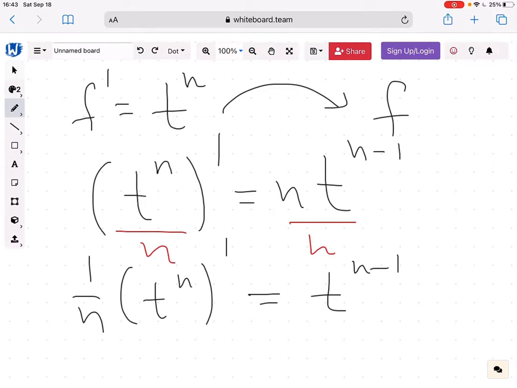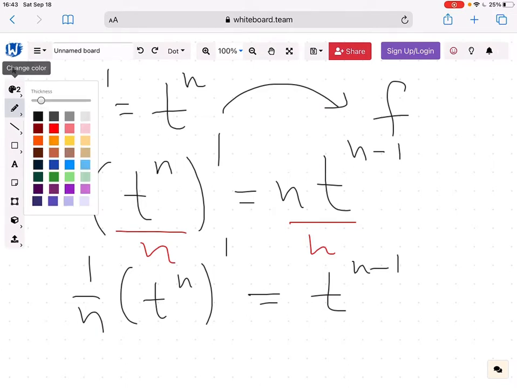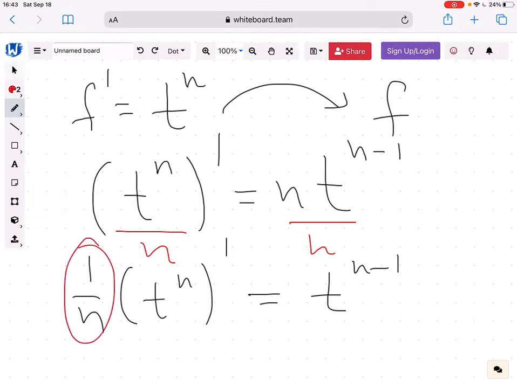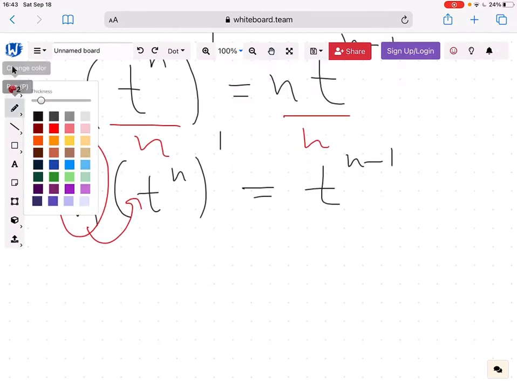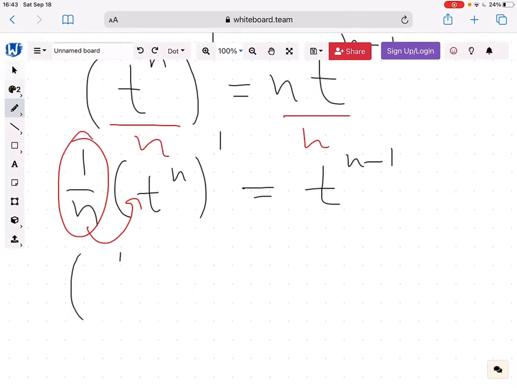Now, we remember that we can take a constant and put it inside of differentiation, because derivatives don't care about the constants. So we're going to get t to the n divided by n prime equals t to the power of n minus 1. Okay.